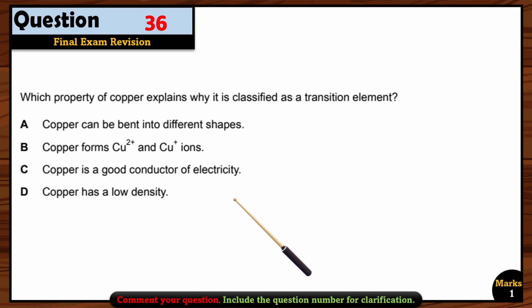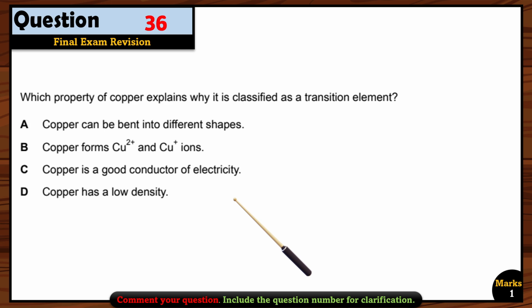Let's see which property of copper explains why it is classified as a transition element. Now let's see what transition elements are. These are actually the metals that have different oxidation states, because all the metals and non-metals in the periodic table have a fixed oxidation state according to their group number. But transition metals have not been assigned any group number.